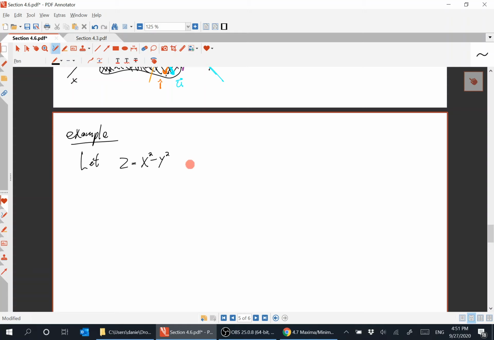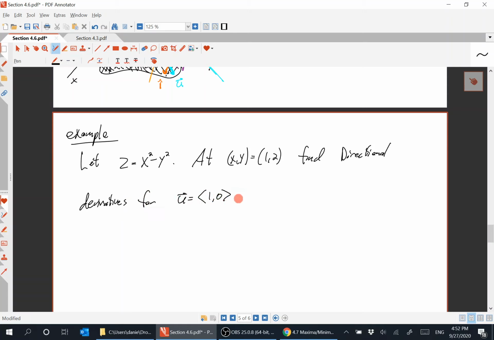At (x, y) equal to (1, 2), find the directional derivatives for u equal to (1, 0), (0, 1), (3/5, 4/5).